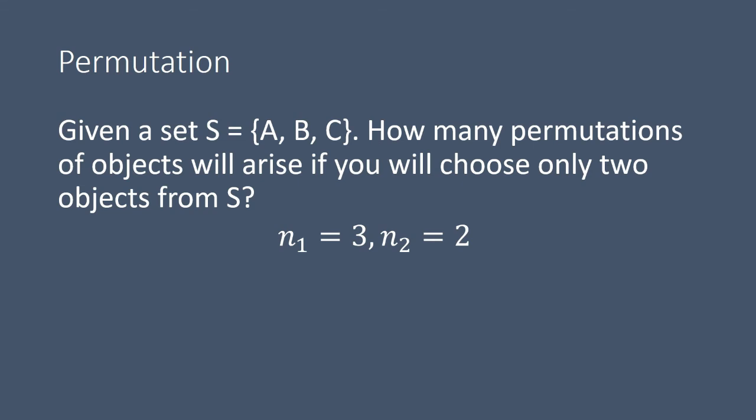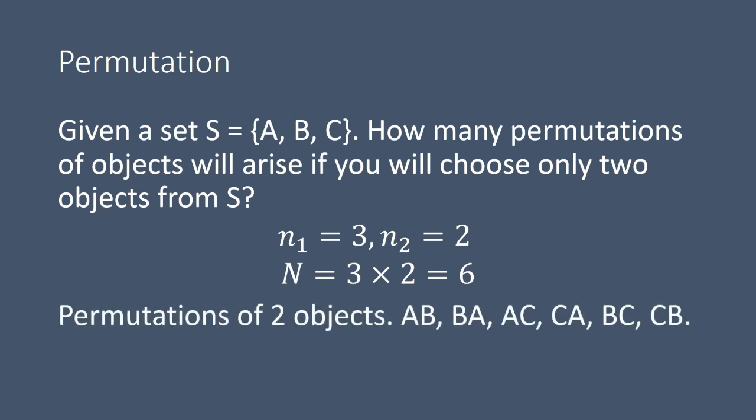Now, when you go to the second letter, you are left with only 2 elements. And so that is going to be n sub 2 is equal to 2. So again, using your fundamental counting principle, the total number of permutations of objects, if you will choose only 2 objects from set S, is going to be 3 times 2, which is equal to 6.